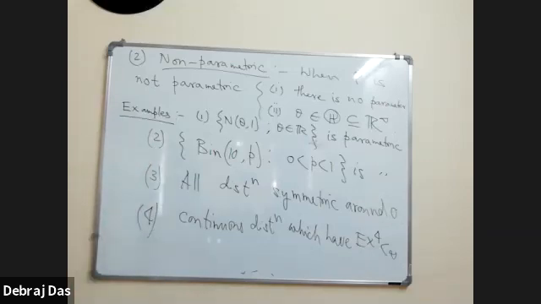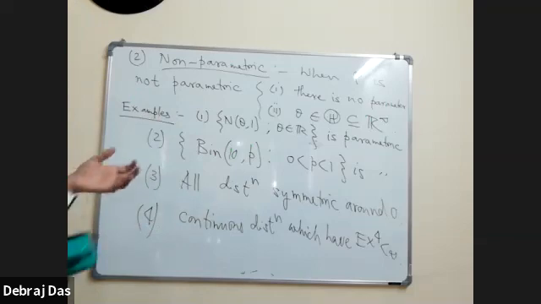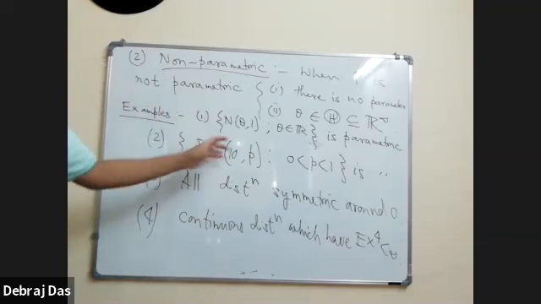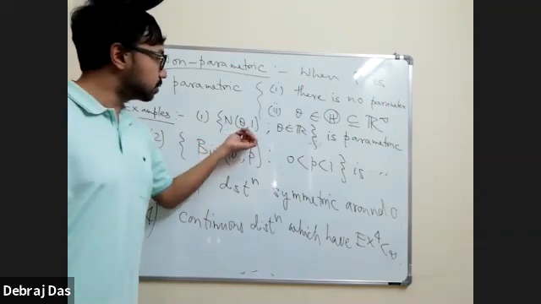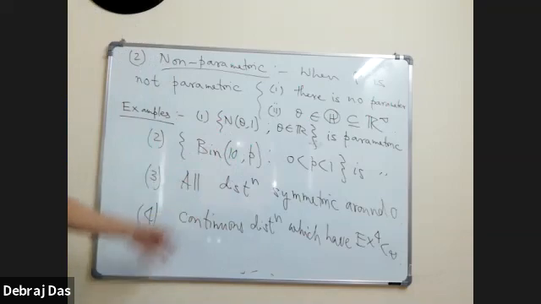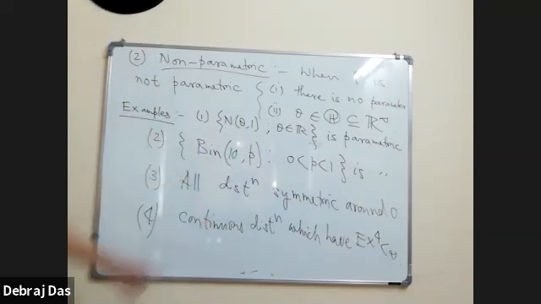And obviously, whenever you want to infer about the underlying family or model, it is easier to infer about the parametric model. Because in this case, if you simply infer about theta or infer about p, then you are done. But in the non-parametric case, it's much more difficult, because you are looking into a much bigger family of models.